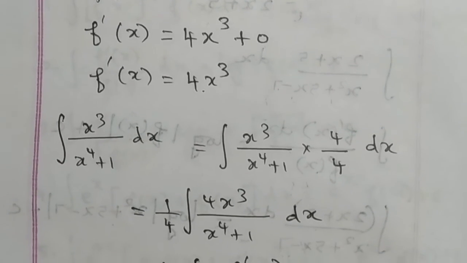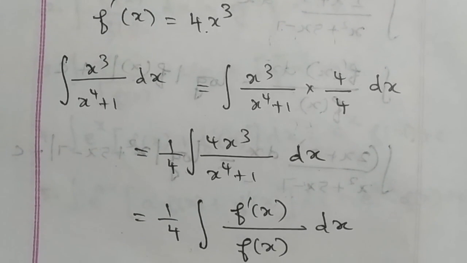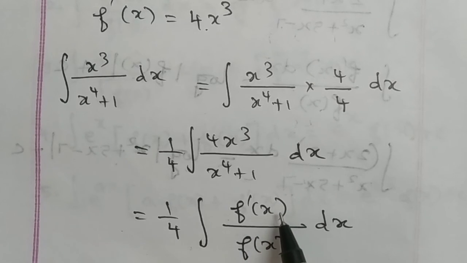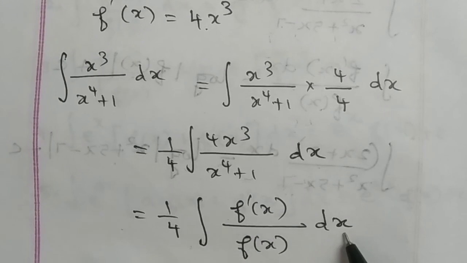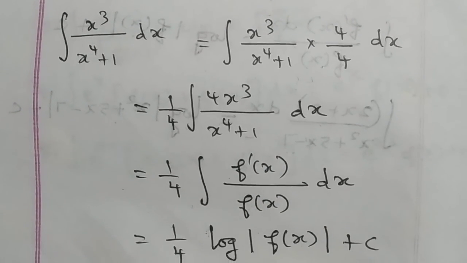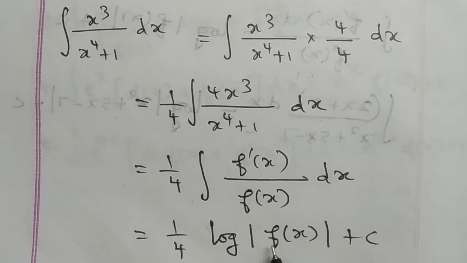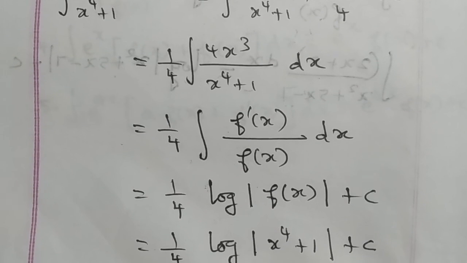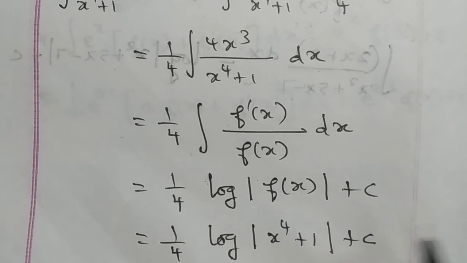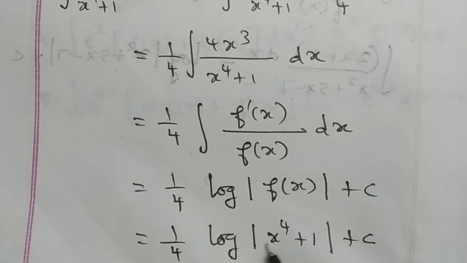So we know the formula: integral of f dash of x divided by f of x into dx equals 1 by 4 log modulus of f of x plus c. What is f of x? 1 by 4 log modulus of x power 4 plus 1 plus c. C is the integration constant.